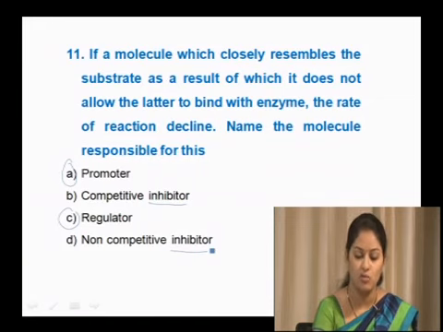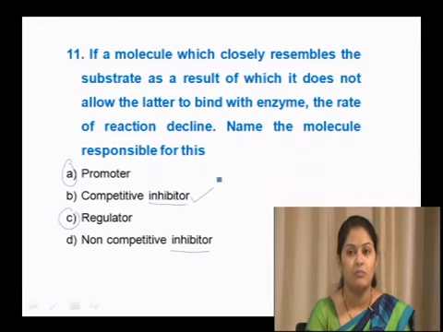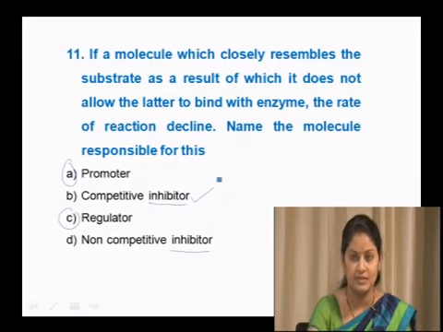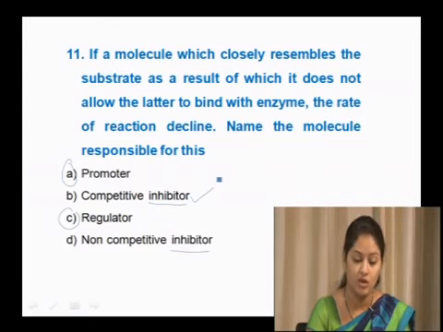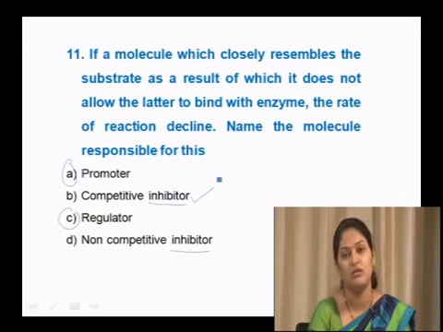A competitive inhibitor is a substance which will block the active site of the enzyme, as a result of which the substrate cannot come and bind to the enzyme molecule. Whereas non-competitive inhibitors associate with any part of the enzyme, whether it is associated with substrate or not.